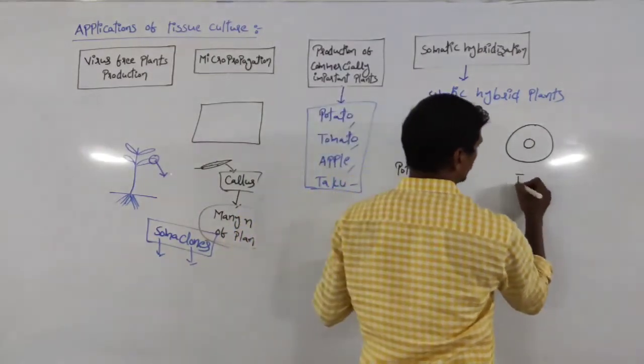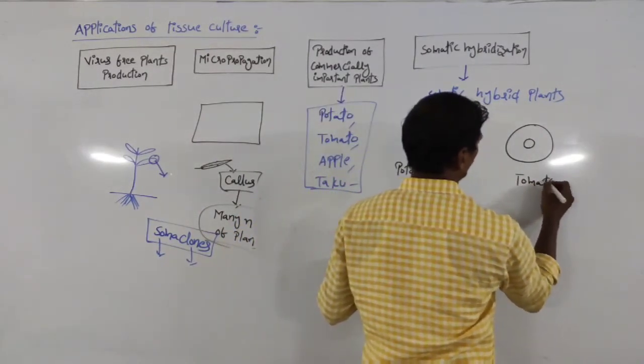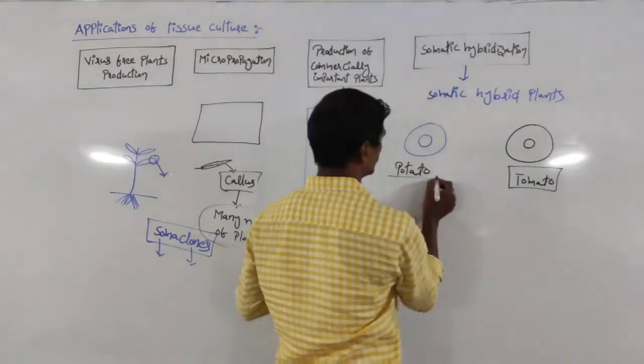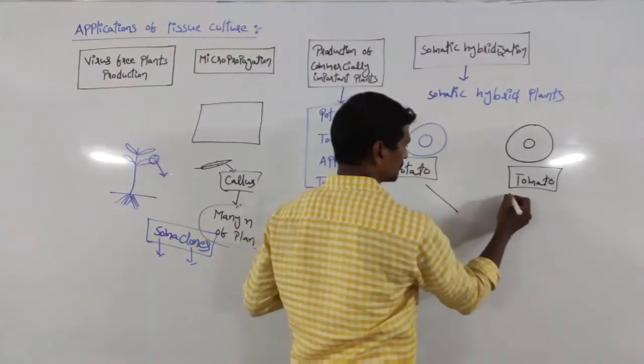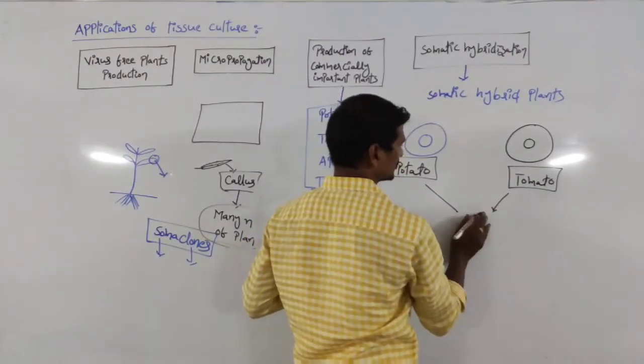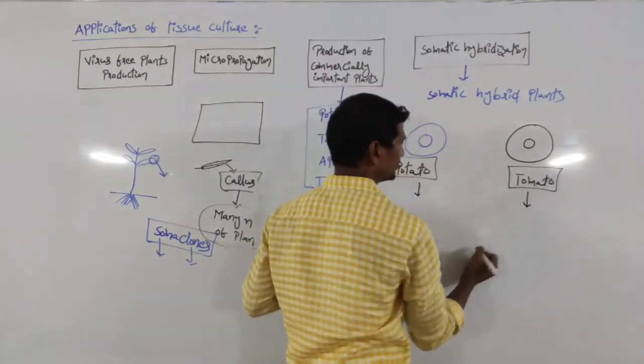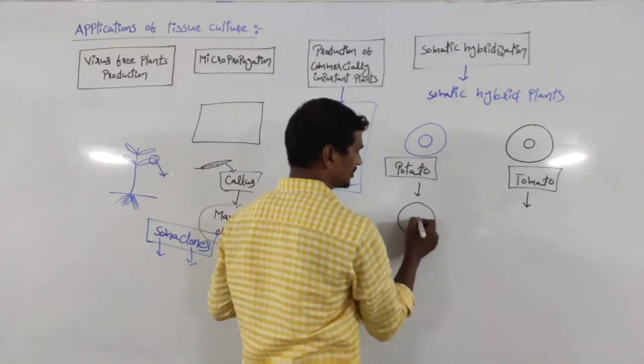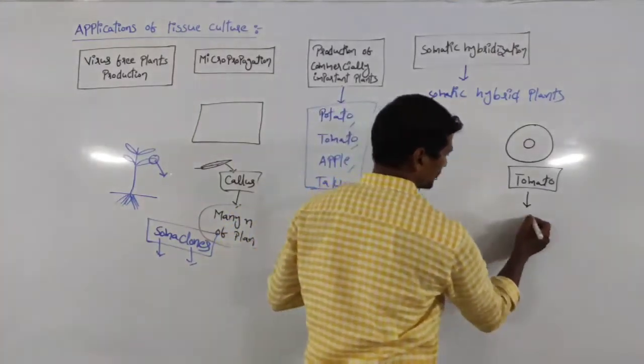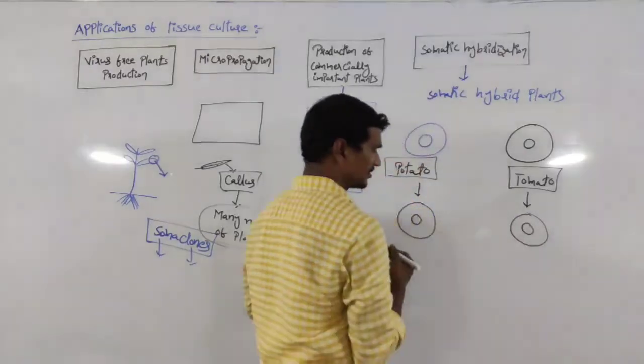These are the two plants. Whatever cell walls are there, the cell walls are removed. This is only a protoplast. This is also only a protoplast, right?